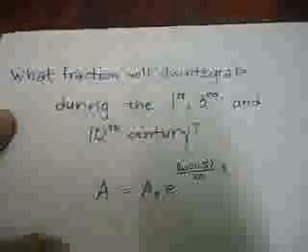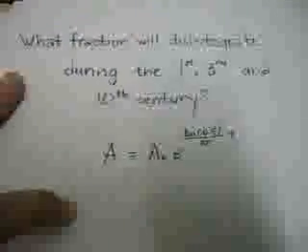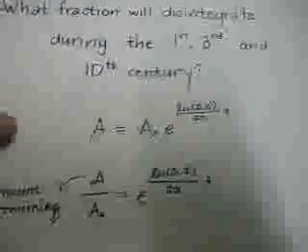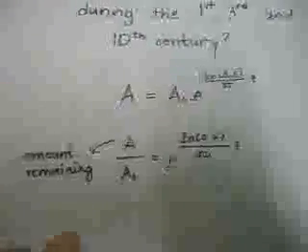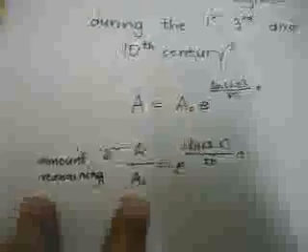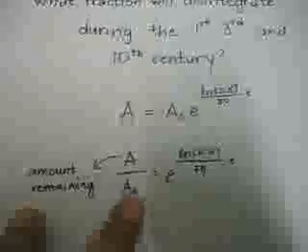What fraction will disintegrate during the 1st, 3rd, and 10th century? Okay, so again, I have written our equation right here. This is just to remind you that A is the amount remaining. So A over A naught is the fraction of the amount remaining. So we have to be careful here.